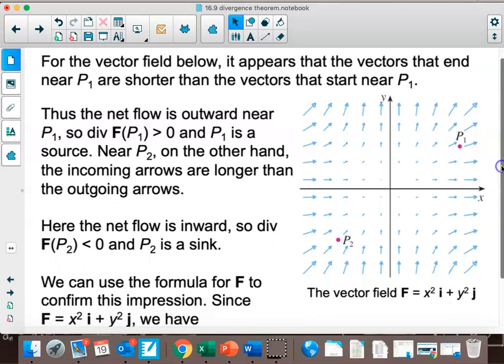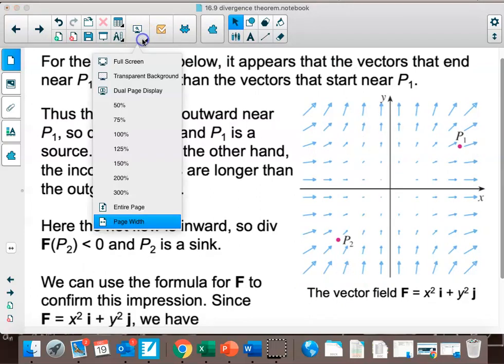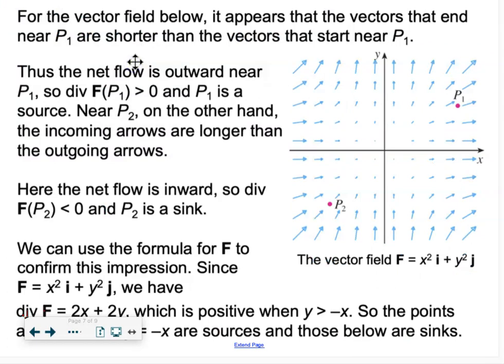Here we go. For the vector field below, it appears that the vectors that end near P1, meaning they're pointing towards P1, are shorter than the vectors that start near P1. The ones going in are shorter than the ones coming out.